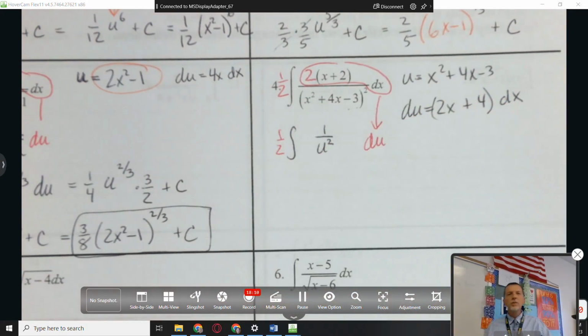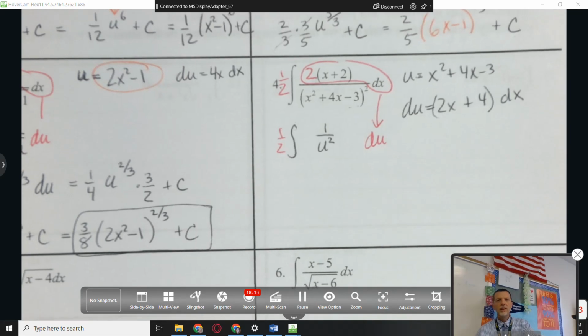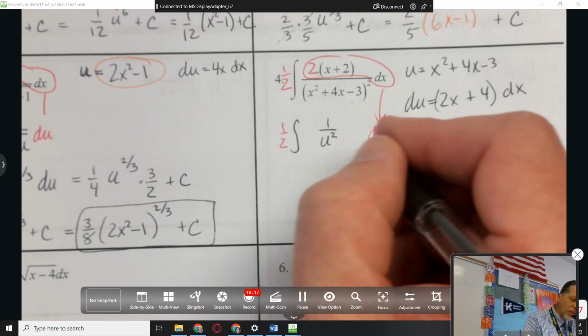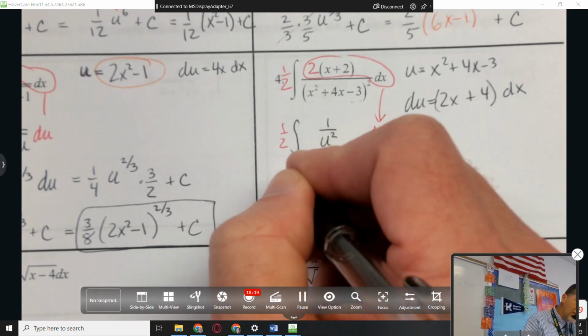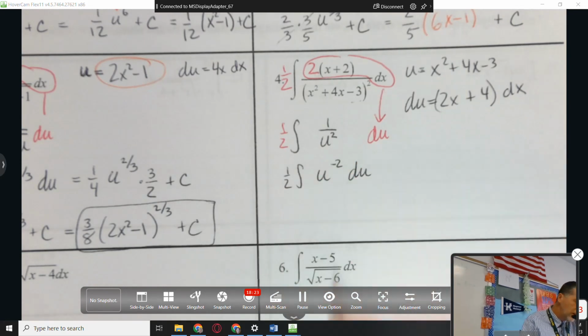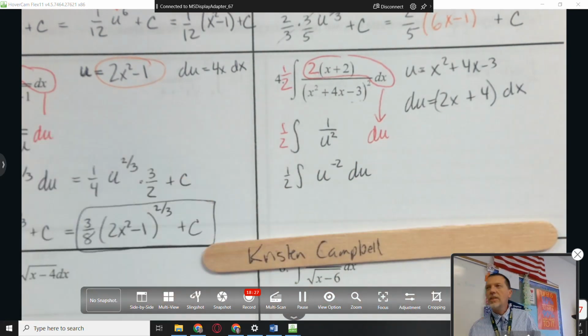And that turned into 1 over u squared. That's good. It's not great yet because I can't integrate until I have a power. So let's make that u to the negative 2 du. And then we can let Kristen integrate u to the negative 2.